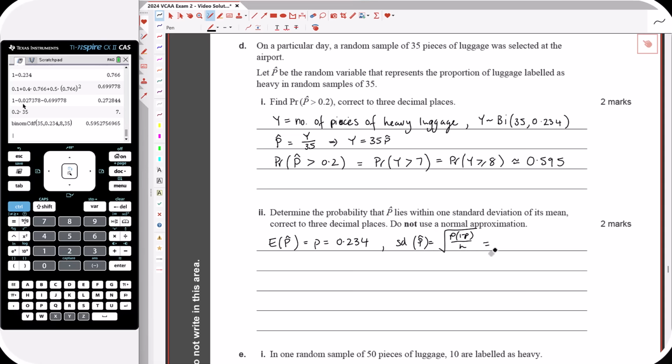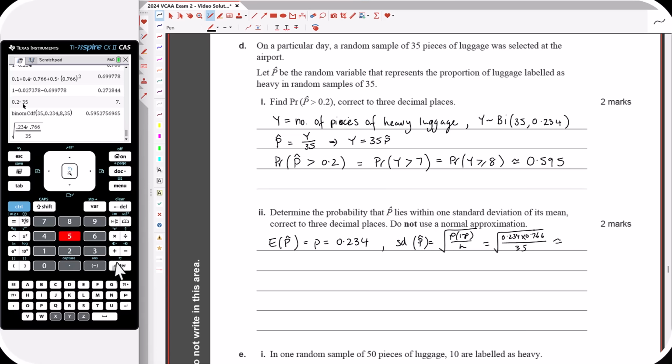So that is the square root of 0.234 times 0.766 over 35. So 0.072.